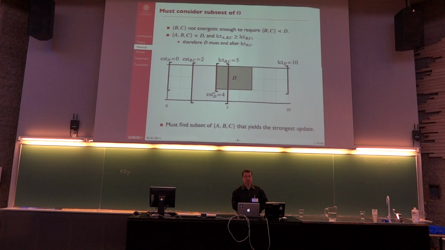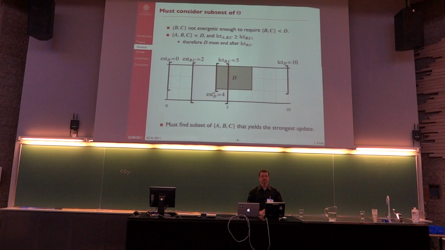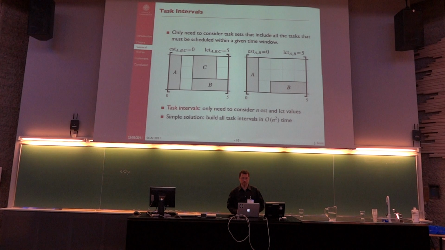So not only do we have to compare each task to every other set of tasks in order to find a set of tasks that precedes it, we then have to compare it with each of the subsets of that set in order to find the one that gives us the strongest bound update, which isn't great complexity. Fortunately, we don't have to look at all of these sets of tasks.